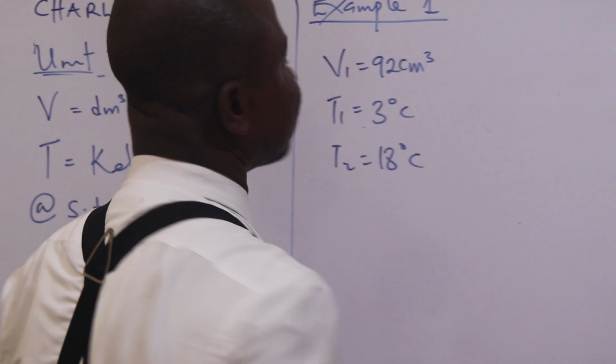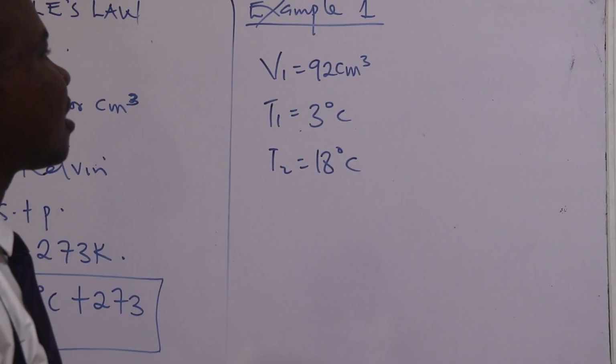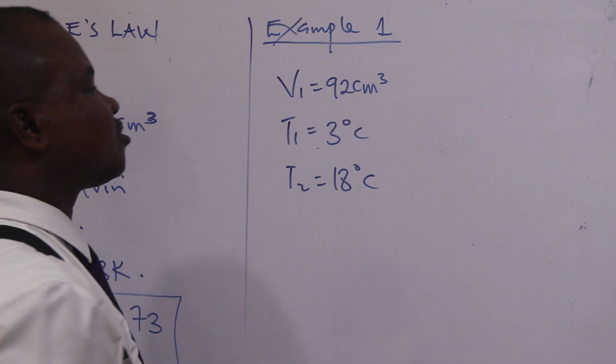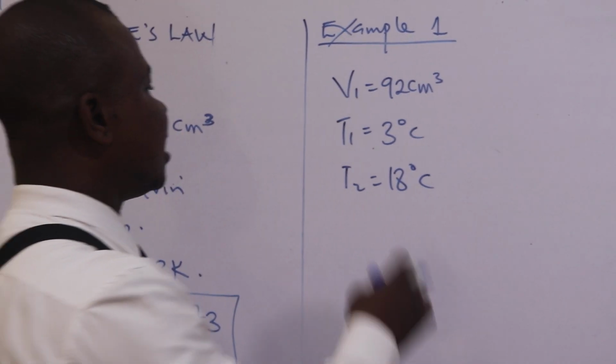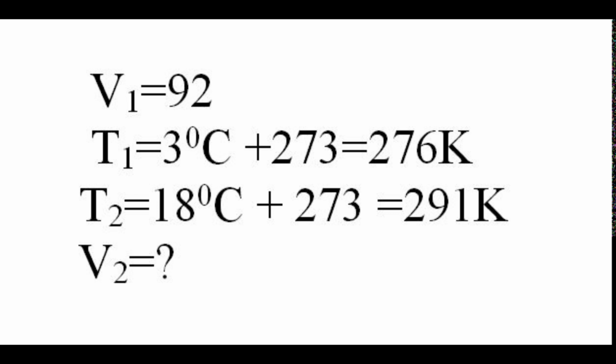So let's look at the board together. Our initial volume is V1, our initial temperature is 3 degrees C, and our final temperature is 18 degrees C.